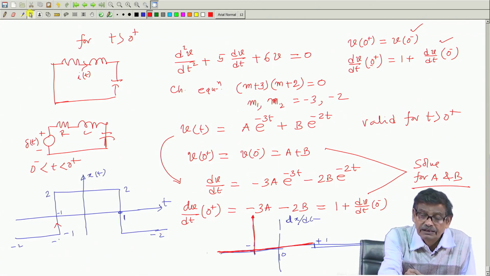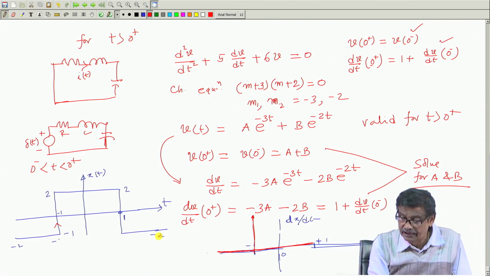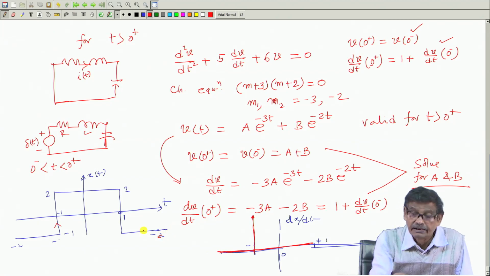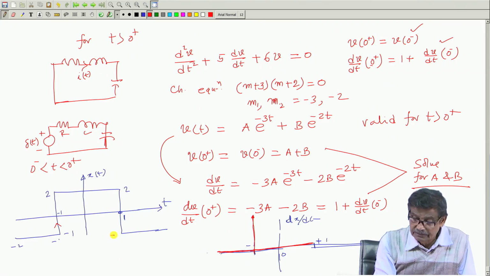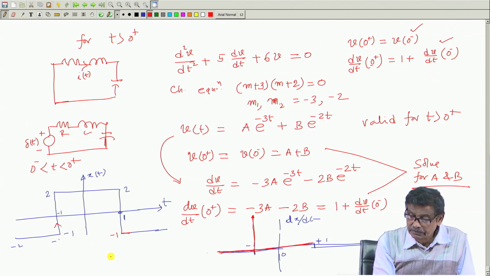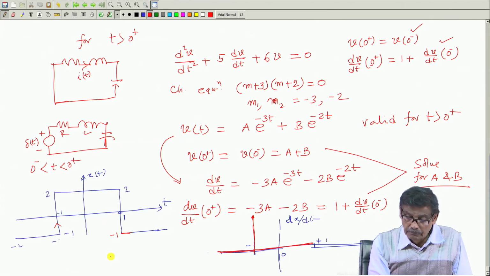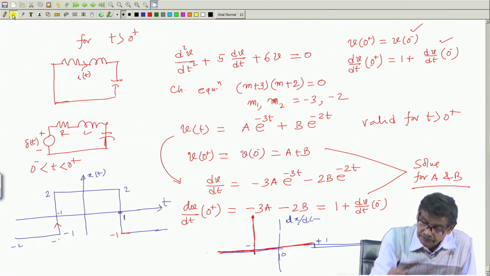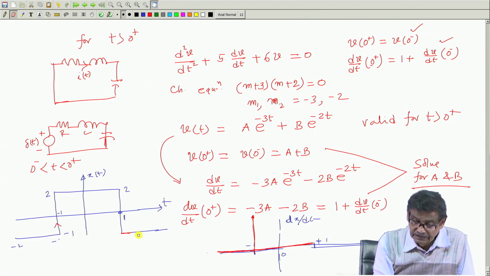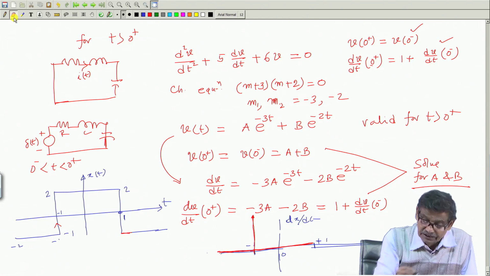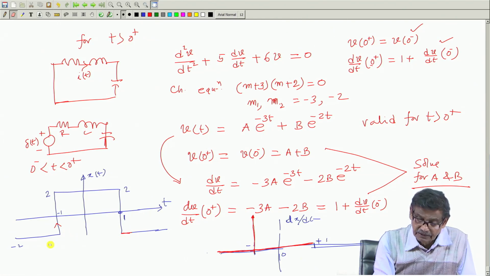Suppose this level, it could be anything, but anyway, let me write it correctly.